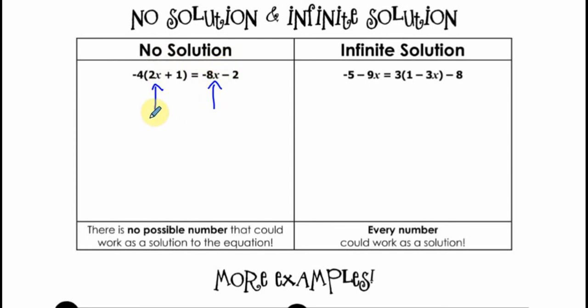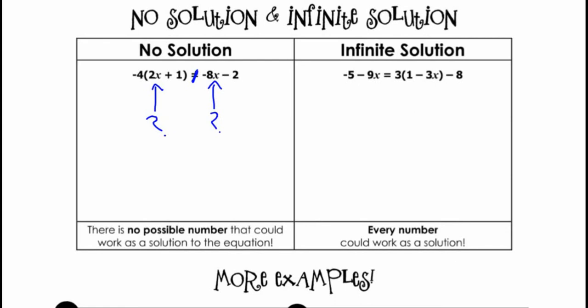I don't care what number you plug in here. As long as you plug in the same number here, you can never make the two sides equal. So these two sides will never be equal. You can put in 5 and 5. You can put in 7 and 7. You can put in -8, -8. Take your pick. Whatever you put in for x is not going to make both sides equal.